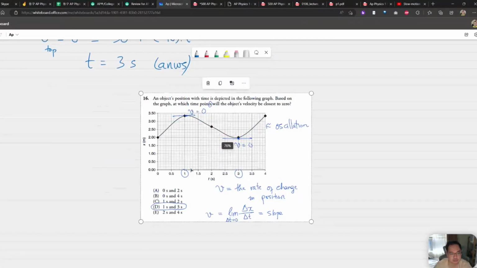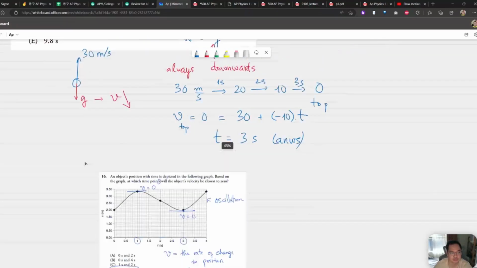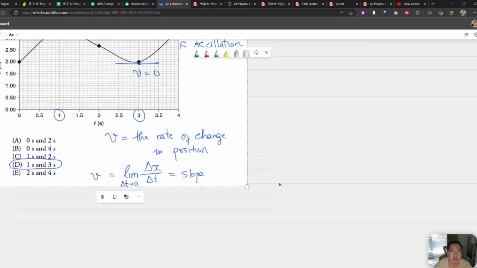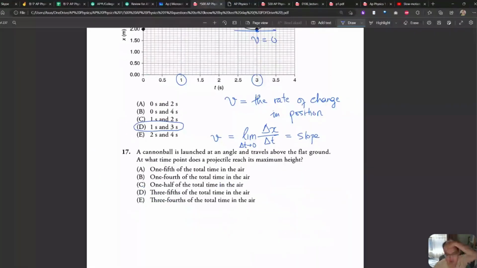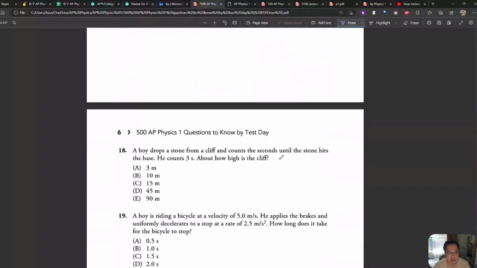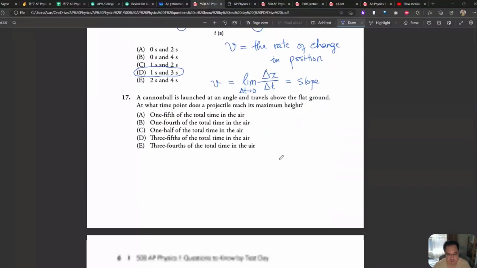I will put 16 here because I will export the file as a PDF file and send it to you later. Next one. 17.